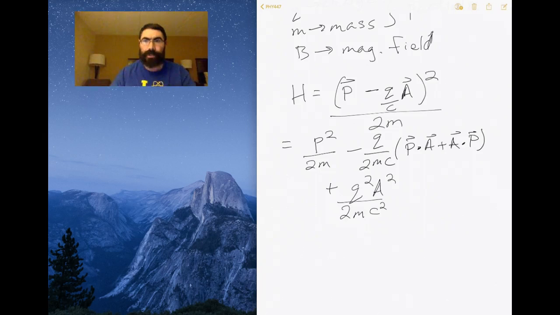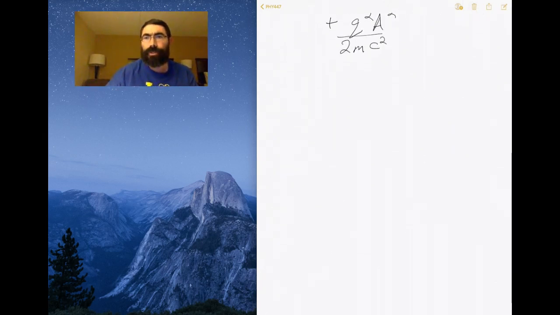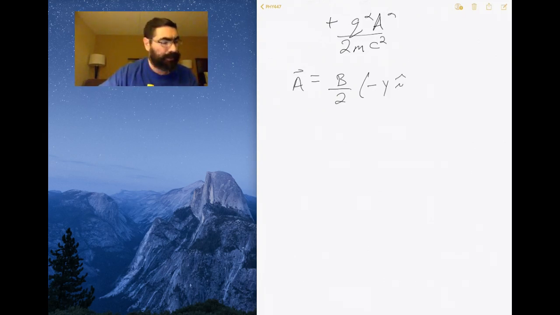Okay, so let's come up with a good form for this vector potential. So the vector potential A, let's say it is the magnitude of the magnetic field divided by 2 times minus y in the x direction plus x in the y direction.